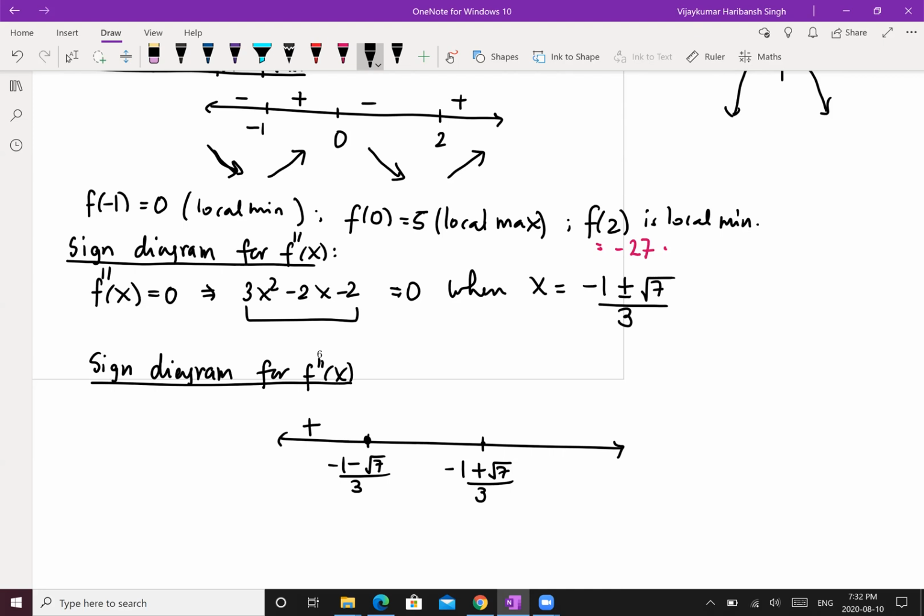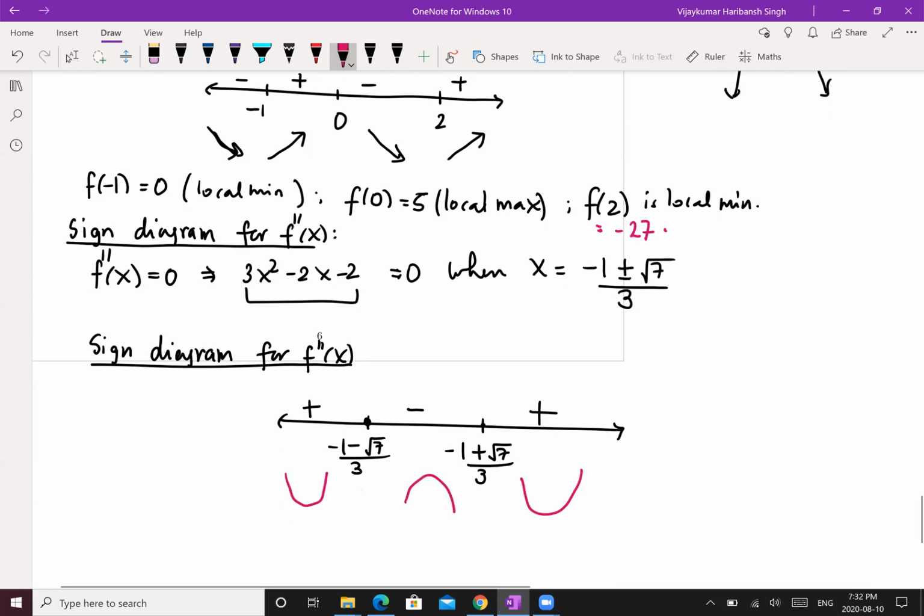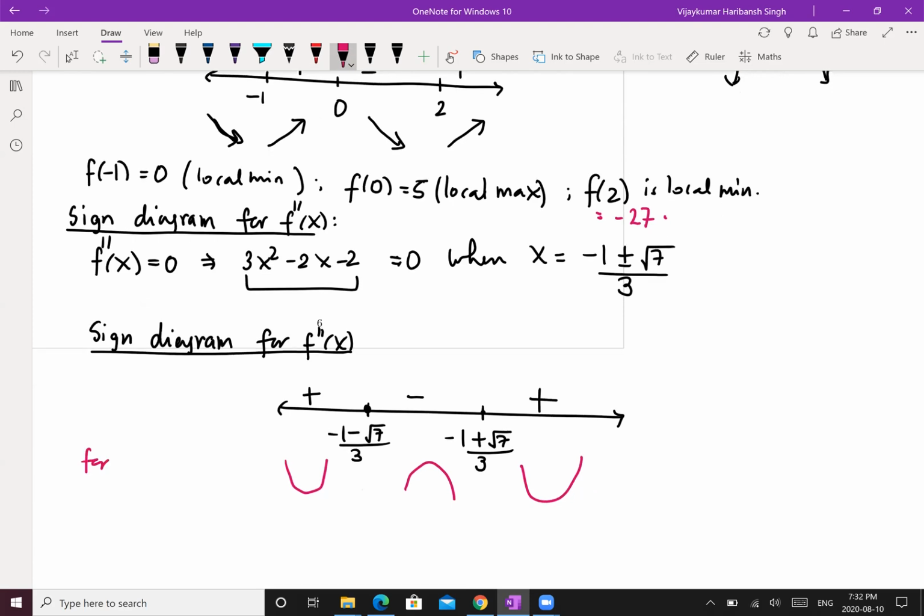When you put 0, you will get minus 2, so a negative sign. And here you'll have a positive sign. So f is concave up, concave down, concave up. That is the concavity for f.